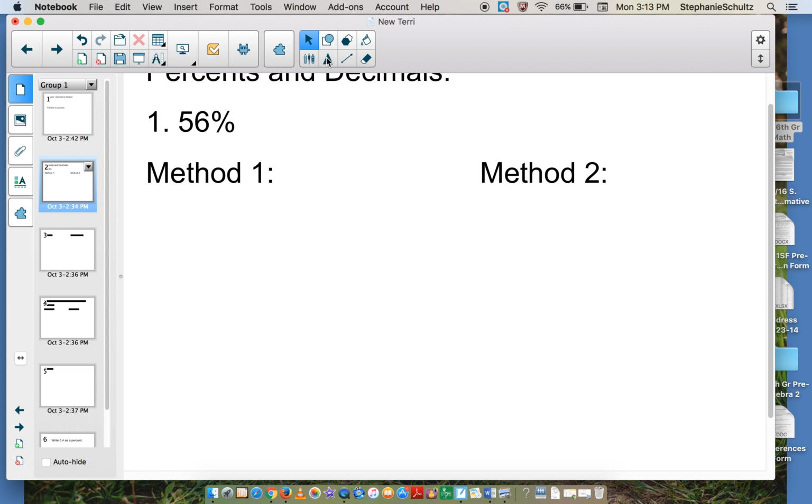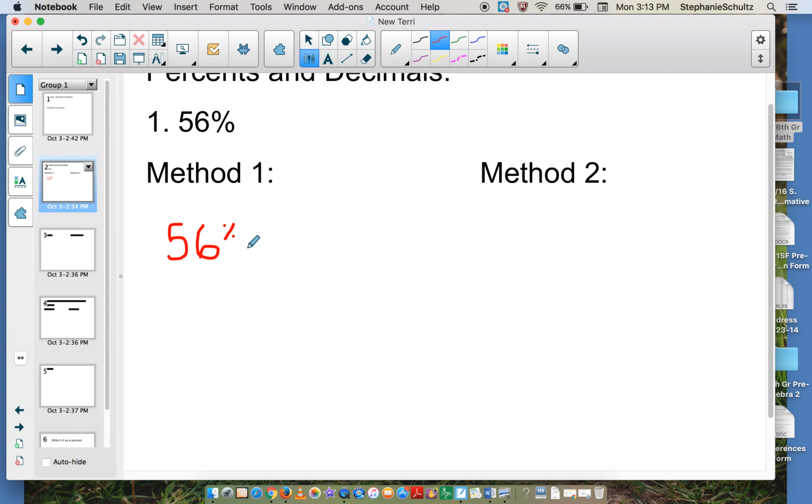What have we learned already? Well, we've learned that I can take 56%, bear with me as I'm drawing on here, right? And we can change this into a fraction. We know how to do this. We've already been doing this.